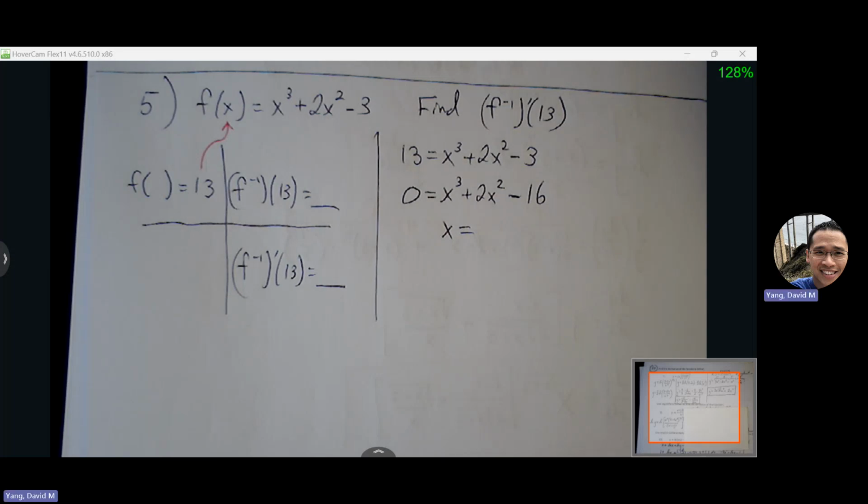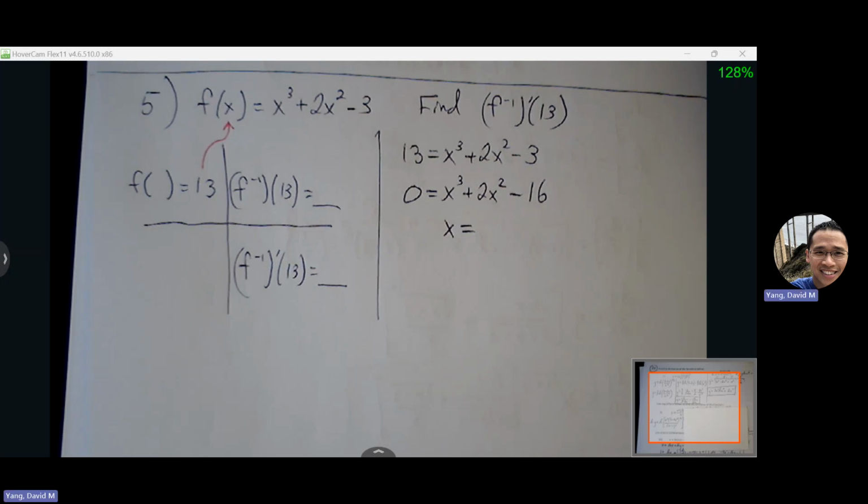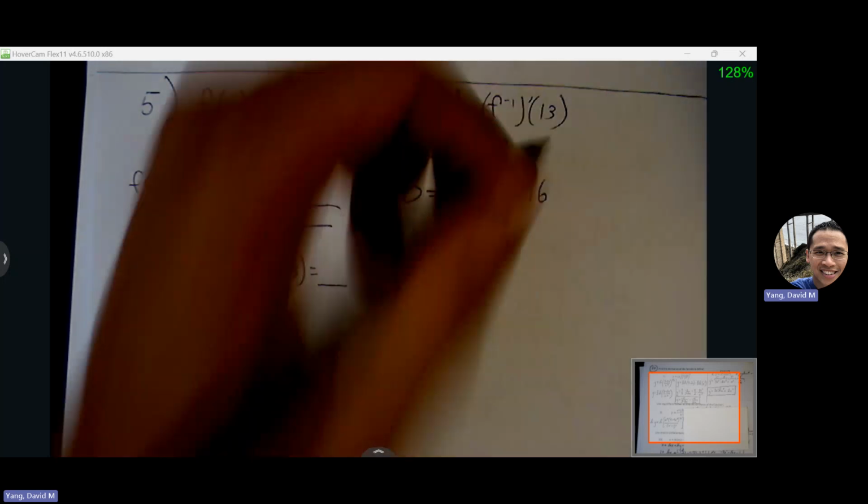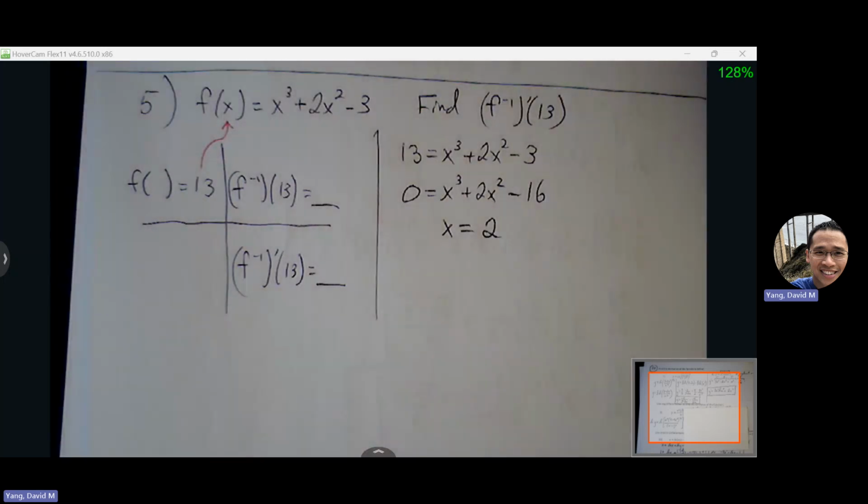Zero doesn't work, one doesn't work, -1 doesn't work. Again, it ends up being 2. 2 cubed is 8. 2 times 2 squared, sorry, 2 times 4. Yeah, so 8 plus 8 is 16. 16 minus 16 is 0, so 2 works.